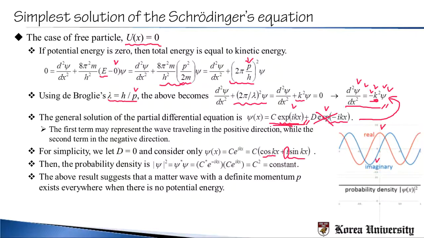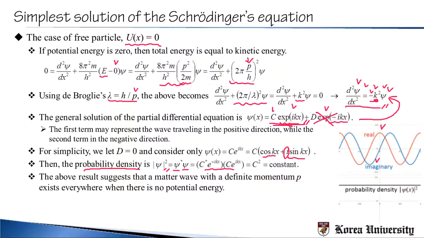Okay. And at the same time, the actual existence of electrons should be represented by the probability density, which is the absolute square of the wave function, which is again equal to the wave function itself multiplied by its complex conjugate, right? So you can simply calculate the complex conjugate, and here what we assume is that C is a real number.